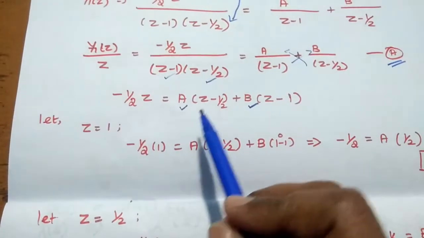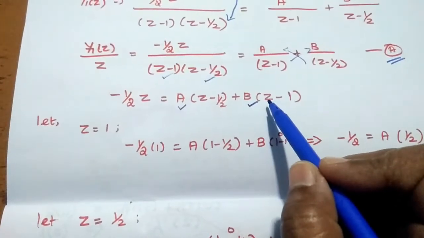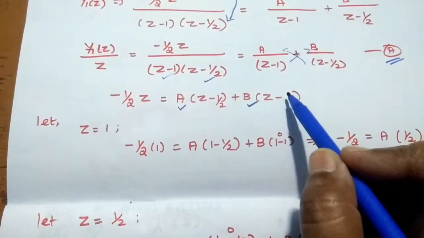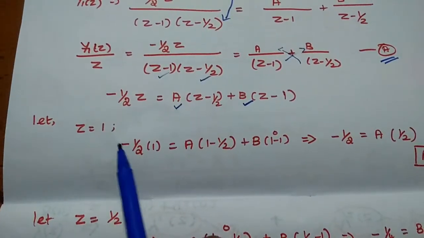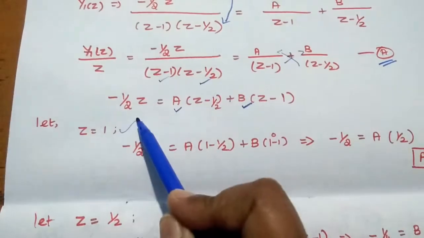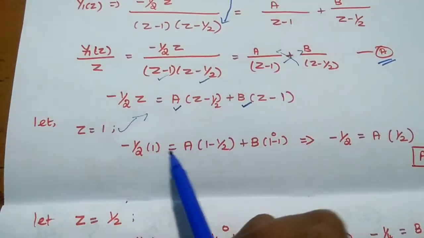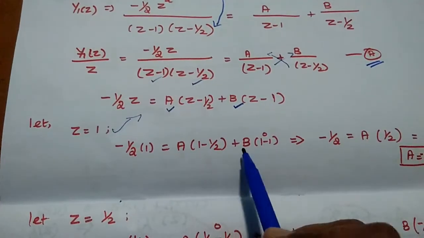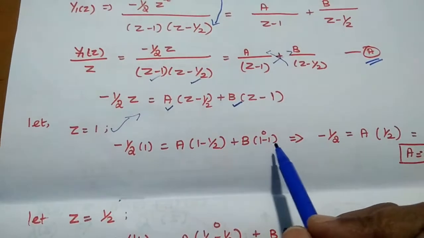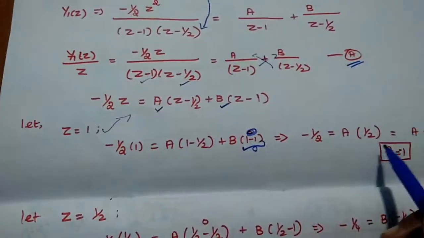If I want to find the value of a, I have to make the b term 0. Whenever I put z is equal to 1, 1 minus 1 is 0. So let us assume z is equal to 1, and substitute this in the equation. So minus 1 by 2 into 1 is equal to a into 1 minus 1 by 2 plus b into 1 minus 1. 1 minus 1 is nothing but 0, so b into 0 vanishes.